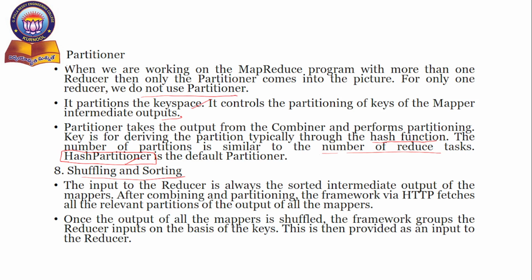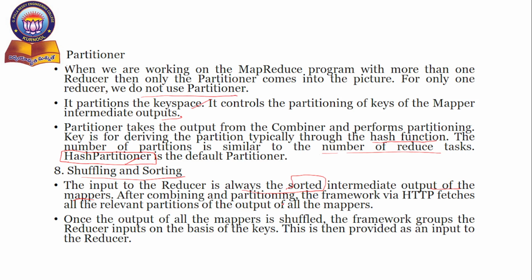The next phase is shuffling and sorting. The input to the reducer is always the sorted intermediate output of the mappers. That is, the output generated by the mapper will be sorted in an order, and that order will be given to the reducer as input. It is mandatory that sorted data always be given to the reducer.